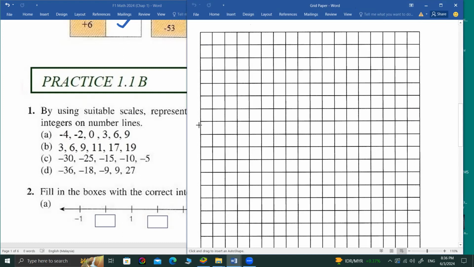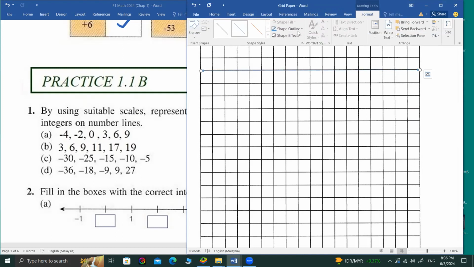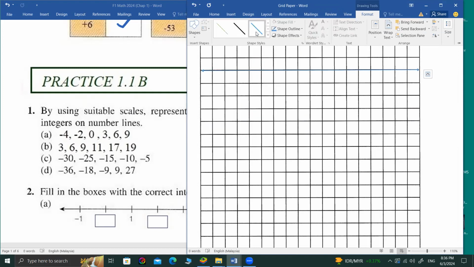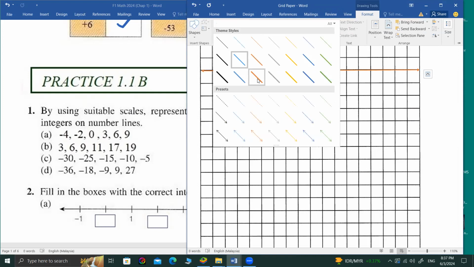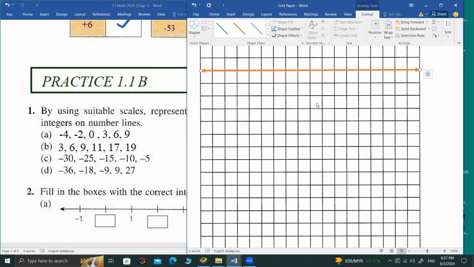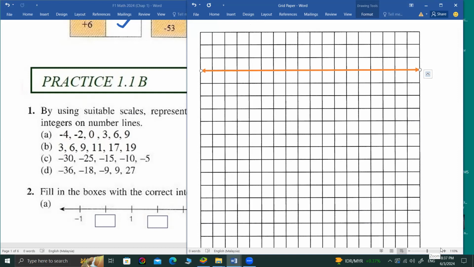So how long you have to draw the number line? Okay, wait first. You listen to me first, then later when you do. You're not sure how long you want to draw, right? Because sometimes it's too short, or sometimes maybe too long, right?